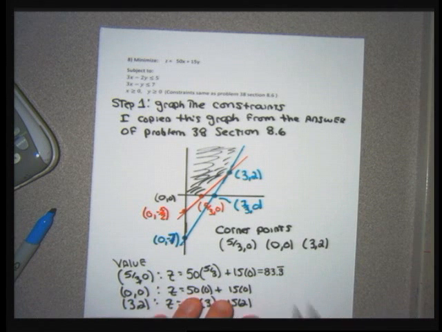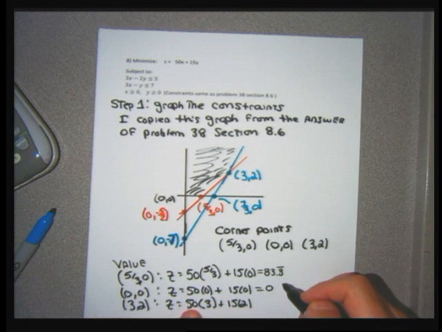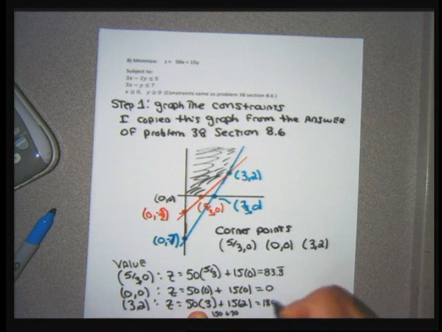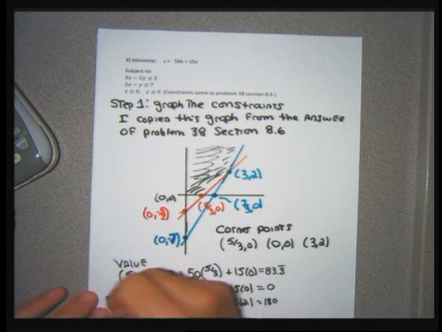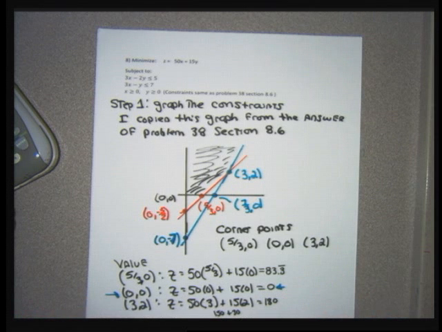For the middle one, I get 50 times 0, which is 0, plus 15 times 0, which is 0, and that's 0. And the bottom one, I get 50 times 3 is 150, plus 15 times 2 is 30. Add those, and I get 180. My goal is to find the minimum value z can take subject to these constraints, and that must be 0.